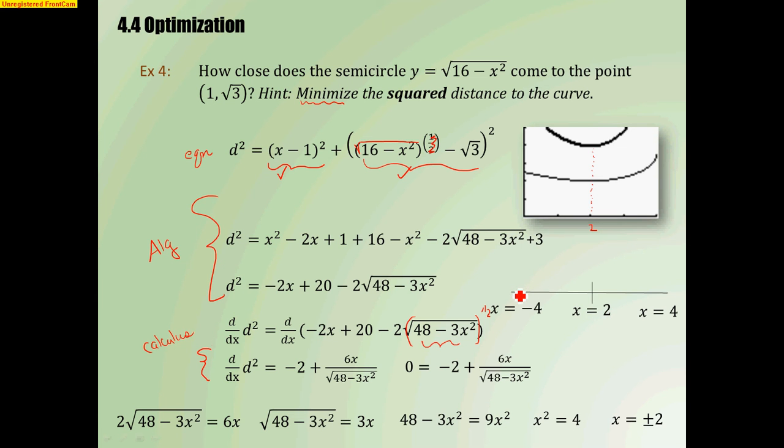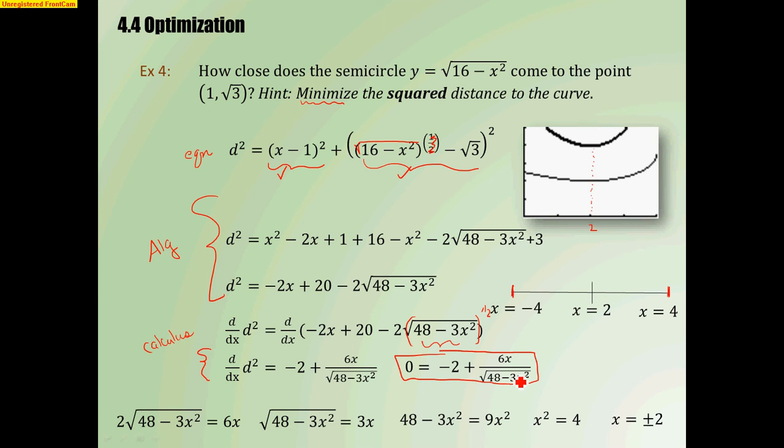So my endpoints here, of course the endpoints of the semicircle, are negative 4 and 4. Actually, I guess I probably should call that 0, right? Because we're not talking about going to the other side. So here's my derivative. I need to see when my derivative changes from negative to positive. So I pick a number below 2, like 1.